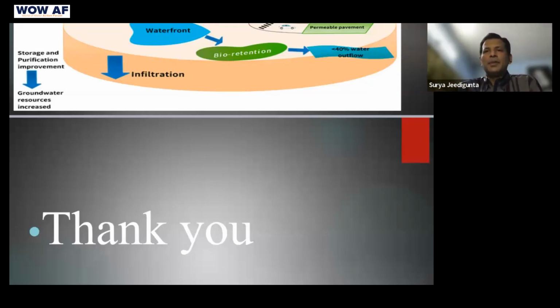We are going to see much more high intensity and erratic rains, and there is no point in blaming climate change and heavy downpours. I think it's important for us to come up with nature-based solutions, which are the concepts we have discussed.